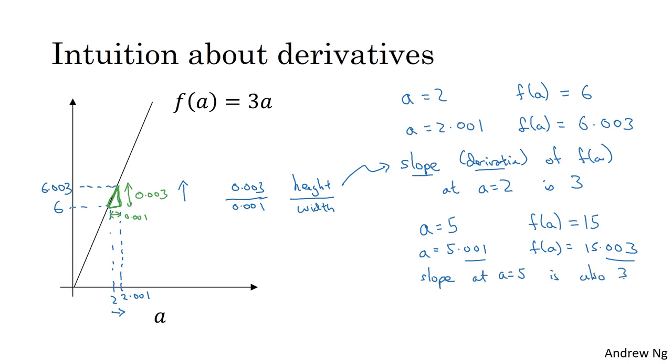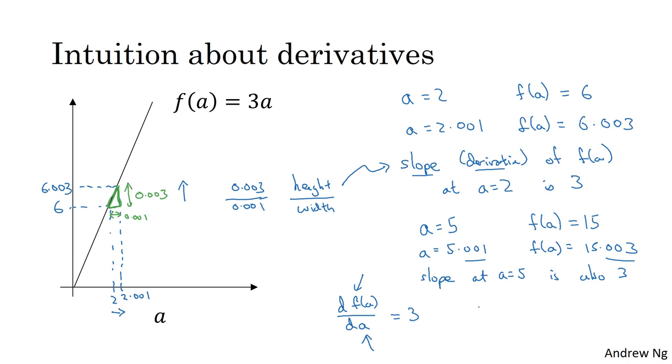So the way we write that the slope of the function f is equal to 3, we say d f of a over d a, and this just means the slope of the function f of a when you nudge the variable a a tiny little amount. This is equal to 3. And an alternative way to write this derivative formula is as follows.